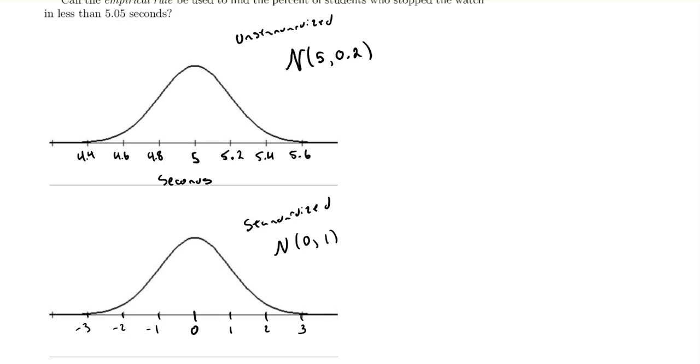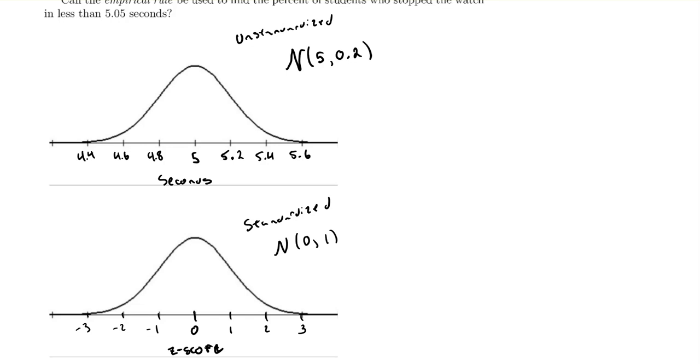So we'd standardize all the values in our curve, and it's going to give us another normal distribution, this time with a mean of 0 and a standard deviation of 1. A lot of times I like to write z-score to emphasize what's going on in this picture. So we can take our unstandardized distribution that's in seconds, and standardize it to be in terms of z-scores. Now, how do I answer this question I want up here?